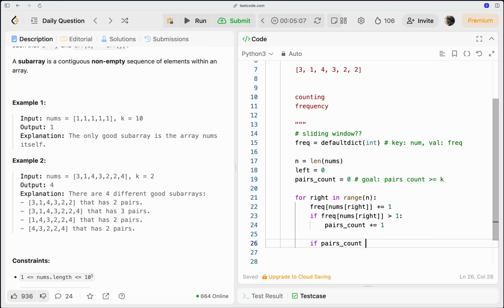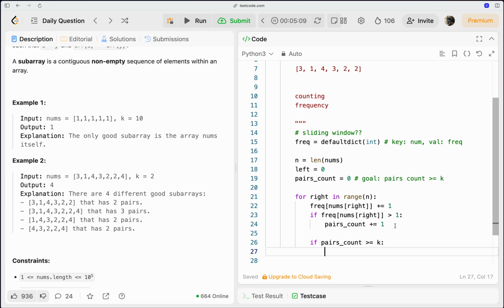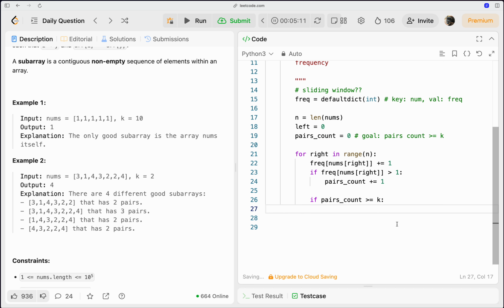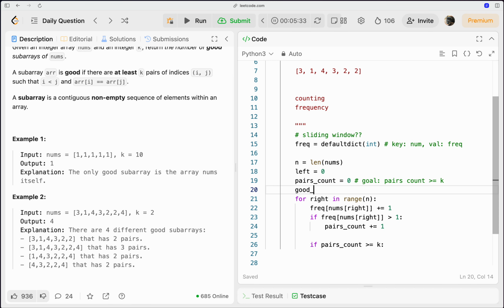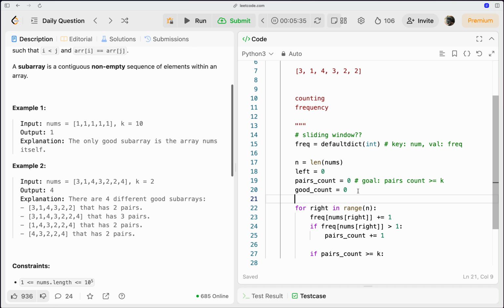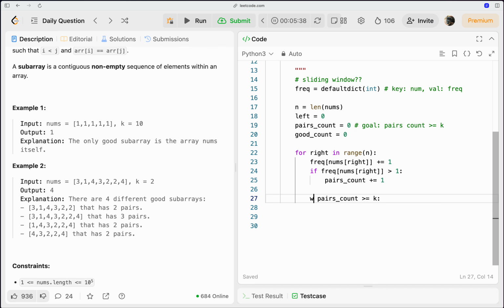If pairs count is greater than or equal to k, return the number of good. So then I could have a good count is 0. And instead of if, maybe it's a while pairs count is greater than or equal to k.